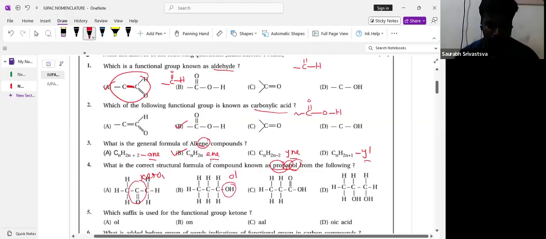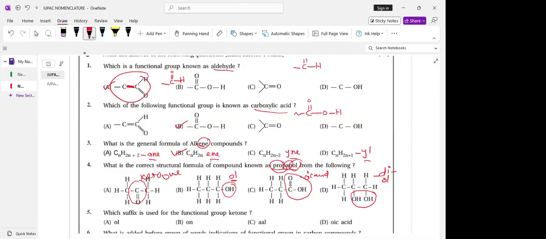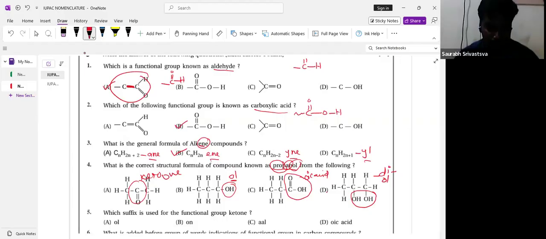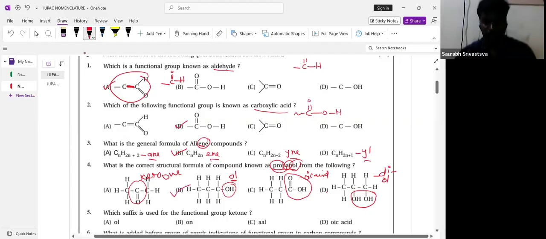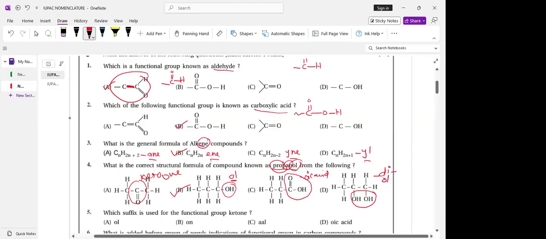That means here ONE, here OL, and this one is the acid functional group, OIC, oic acid. And this one has two alcohols, so then they have to give diol. It is alcohol, but two alcohols are there, and they gave only one, propanol. If they would have given propane diol, this would be the answer. So B is the correct answer.